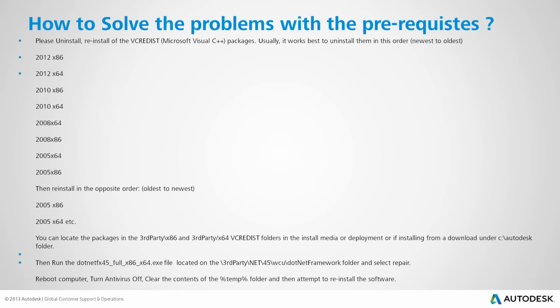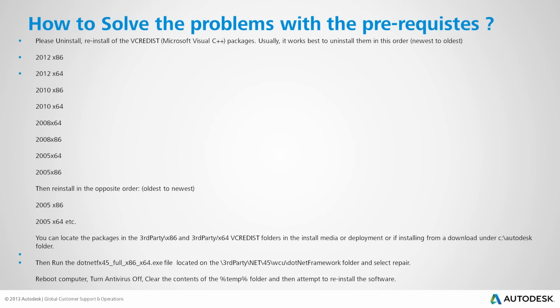Okay, so how do I troubleshoot issues with my software prerequisites? This is what we recommend, and this workflow works the best. If you uninstall the Visual C++ packages, uninstall them from newest to oldest. That means you uninstall 2012, 2010, 2008, 2005.